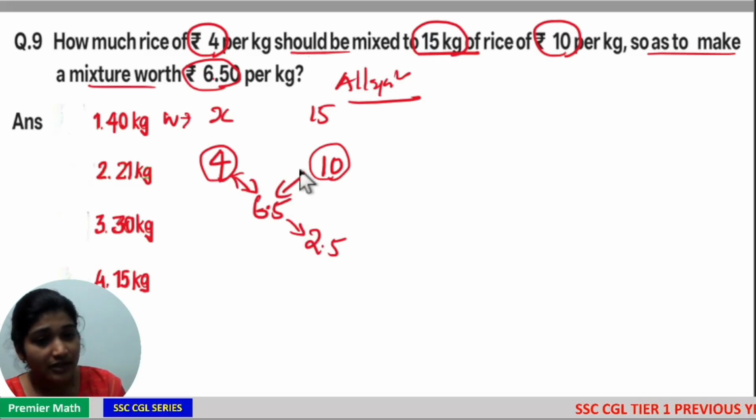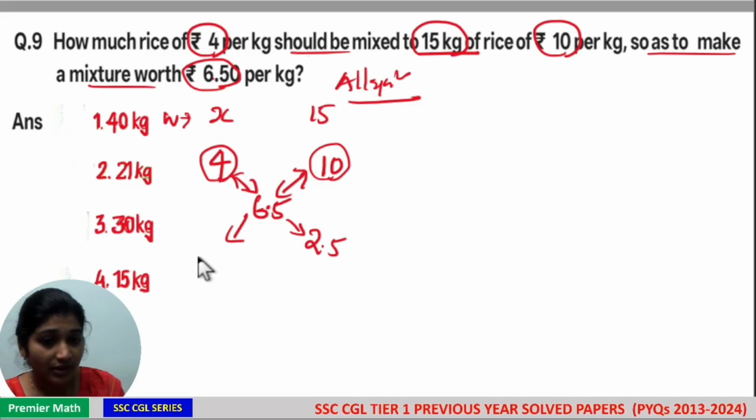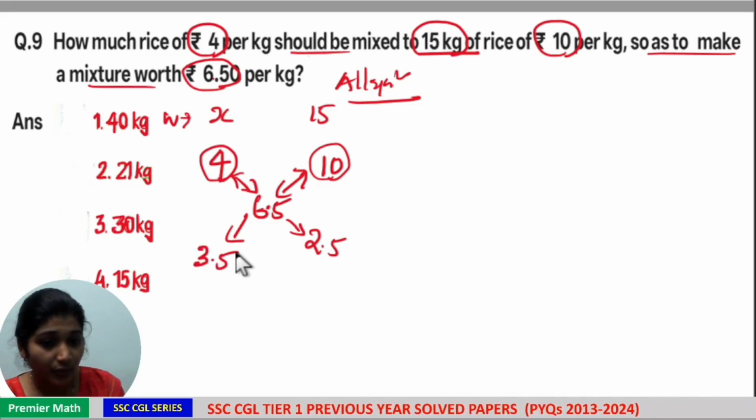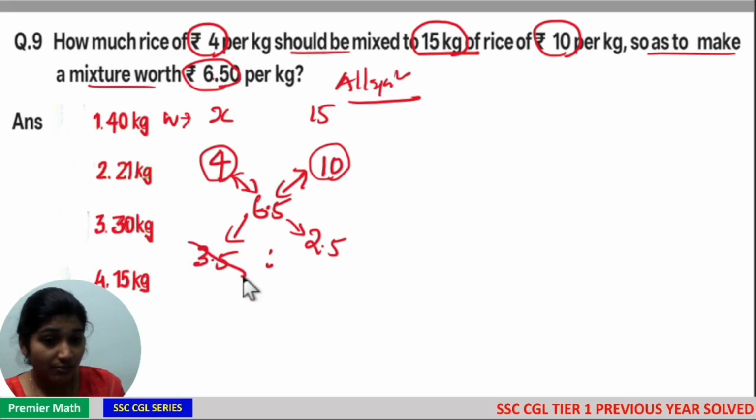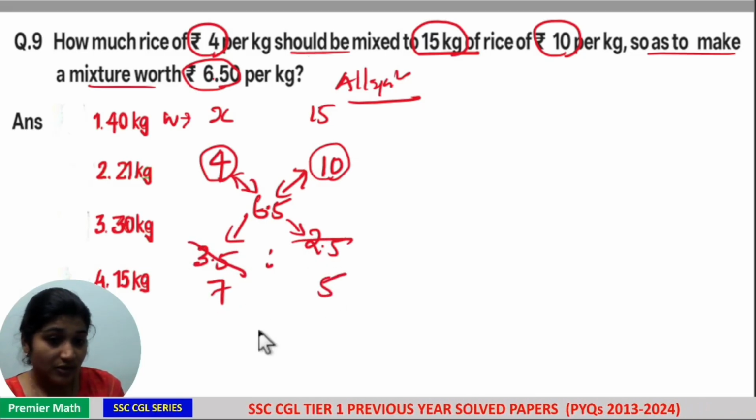Now take the difference between 10 and 6.5, which is equal to 3.5. Write in the left side bottom. Now, if you cancel, this is the ratio of weight of rice varieties. So take the simplest ratio. 5 goes 7 times in 35, 5 goes 5 times in 25.